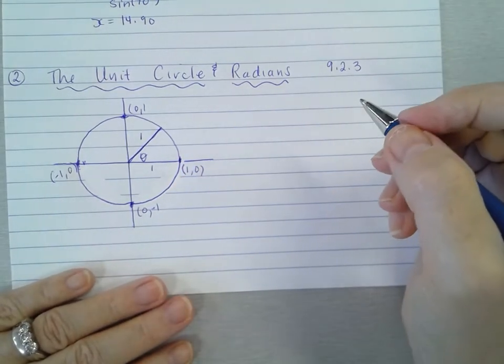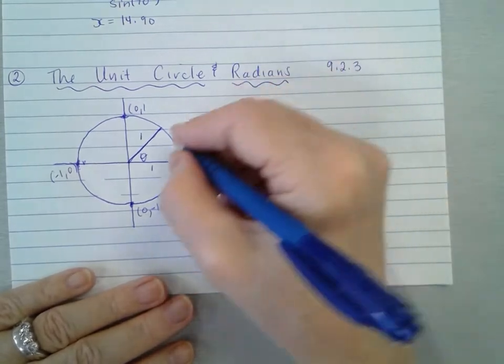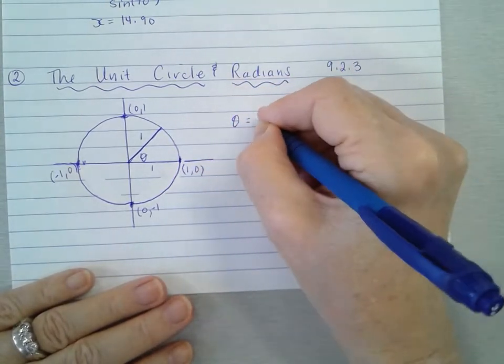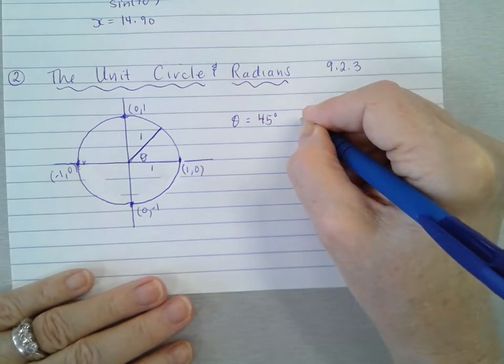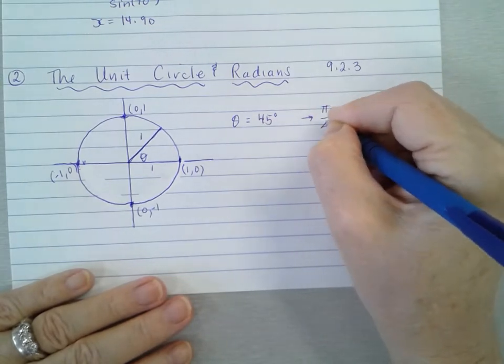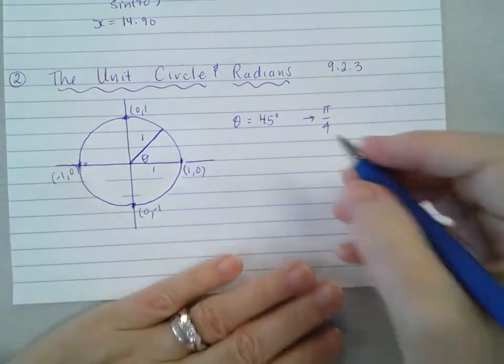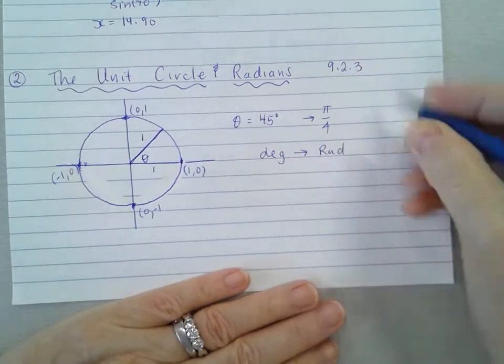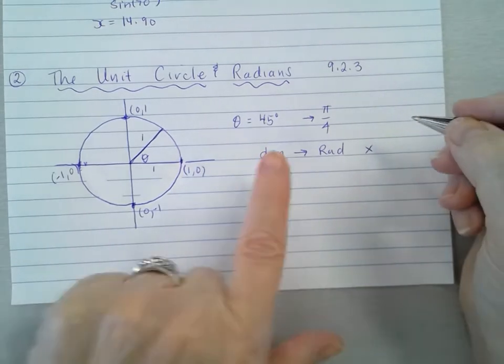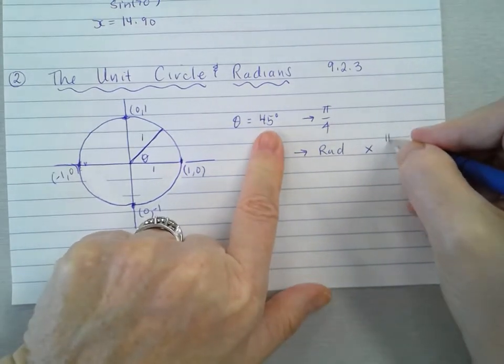If theta is 45 degrees, we know that that also translates to pi on 4 radians. And how do you change that? To go from degrees to radians, you multiply the degrees that you have by pi on 180.